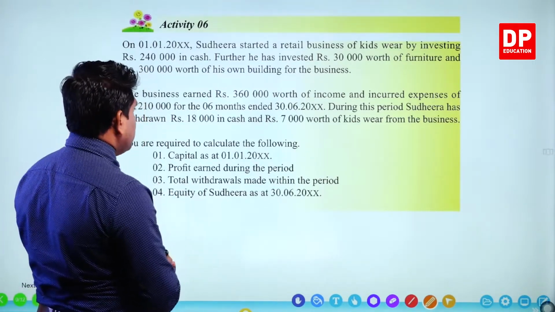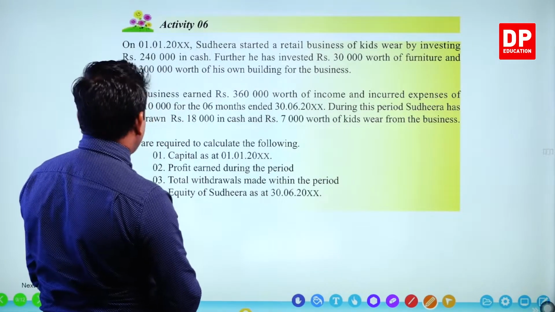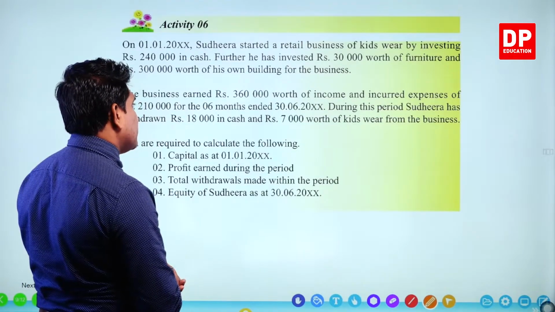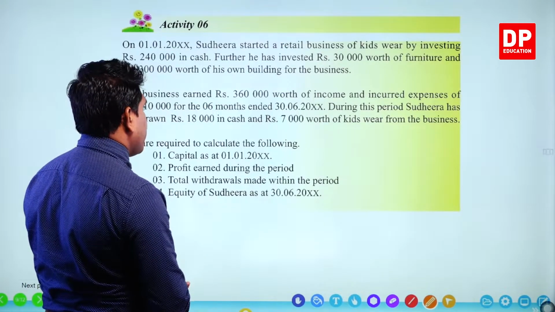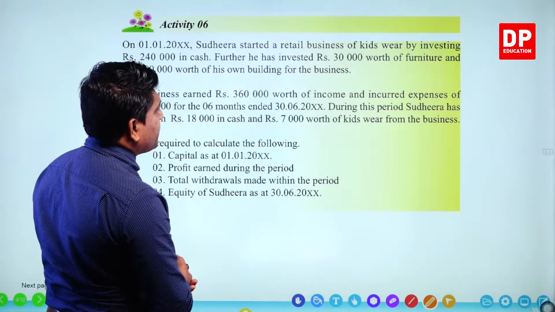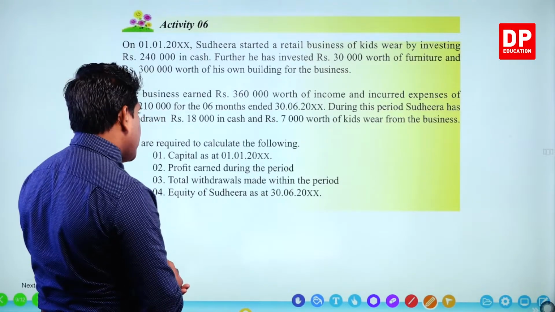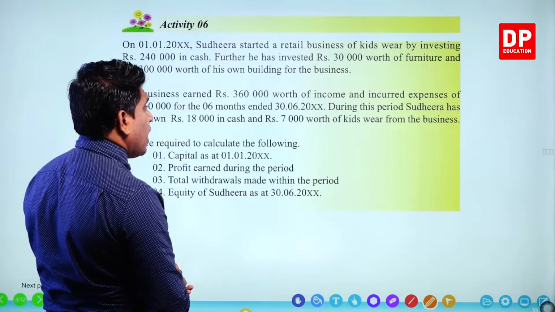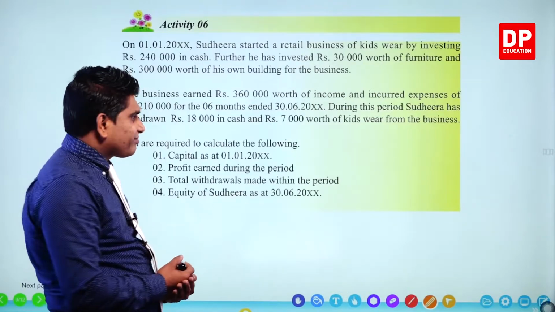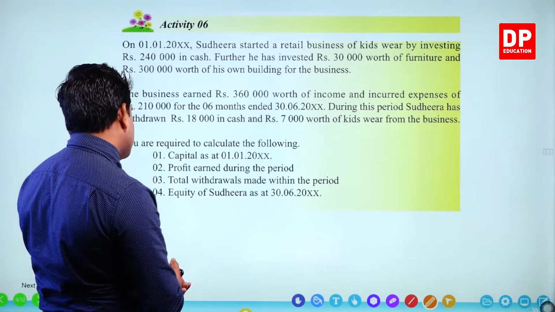The business earned 360,000 worth of income and incurred expenses of 210,000 for the 6 months ended 30th June 2020. You can put any year. During this period, Sudhir has withdrawn 18,000 in cash and 7,000 worth of kids wear from the business. Withdrawn means it's called drawings. These are the questions they ask. You are required to calculate the following.